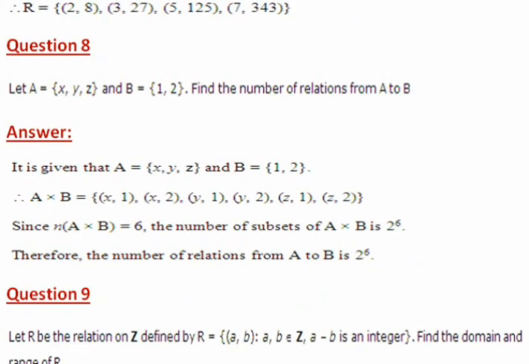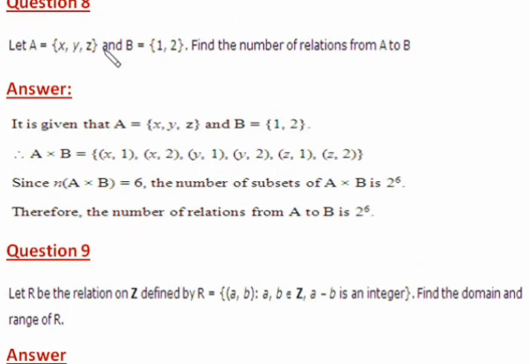Now come to the next question, that is question number 8. Let A is equal to {x, y, z} and B is equal to {1, 2}. Find the number of relations from A to B. How many relations will form? First of all we find the Cartesian product.